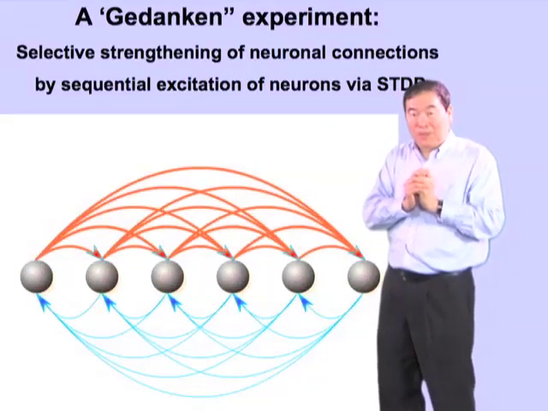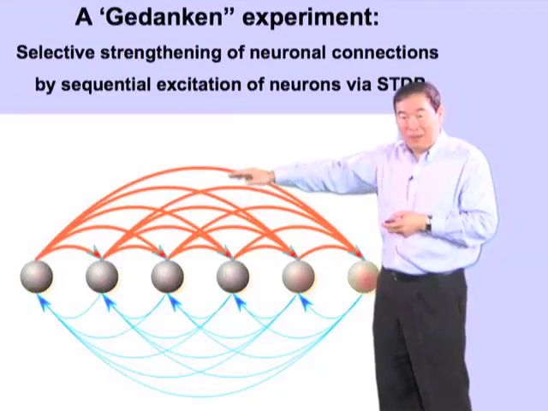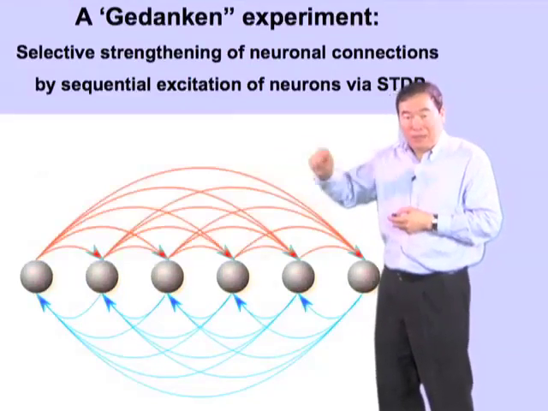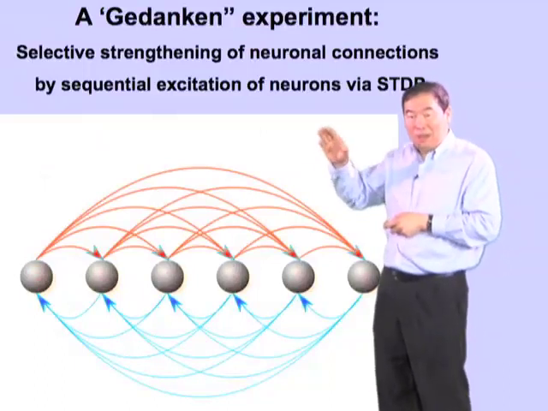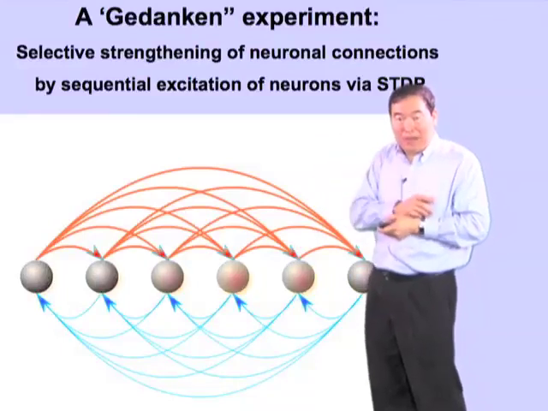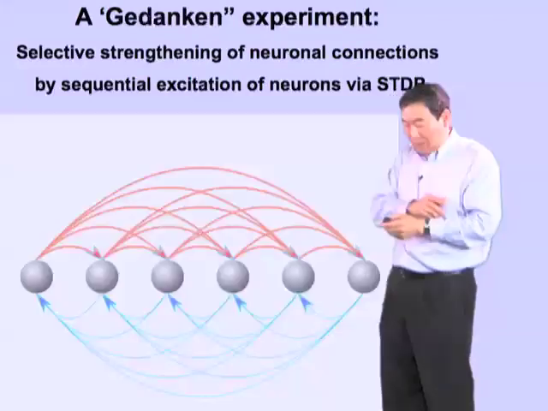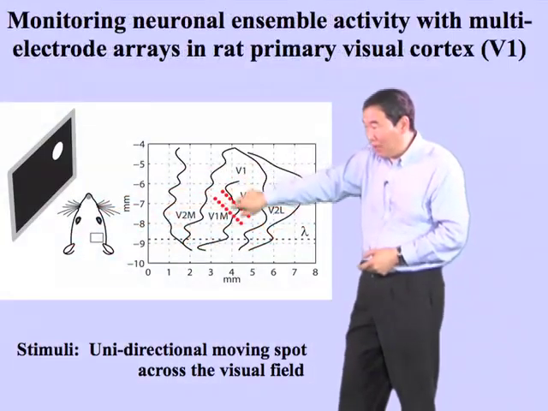So to do this, we perform this in rat primary visual cortex, because we now have technology capable of recording a large group of cells with a microelectrode array, which is shown here, that can be implanted in the rat cortex.